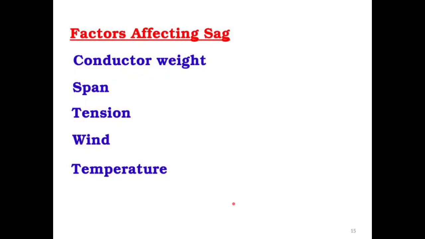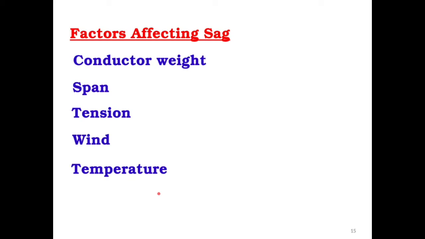Okay, let's go to the next one. Now we want to just look back again. We discussed all these things, but we want to look at them again. The factors that affect sag of a conductor. First of all, the conductor weight, and that conductor weight is due to the material that we use for making the conductor.